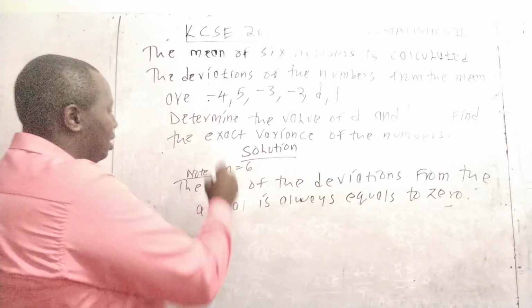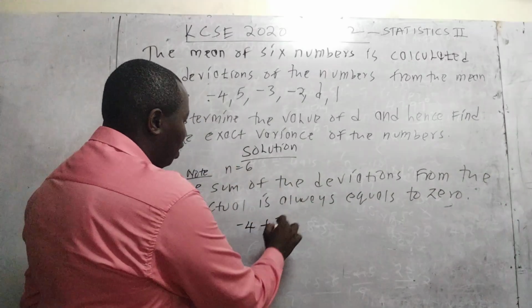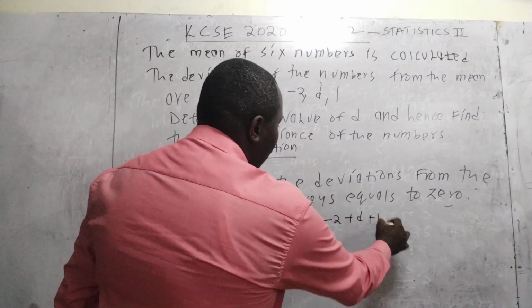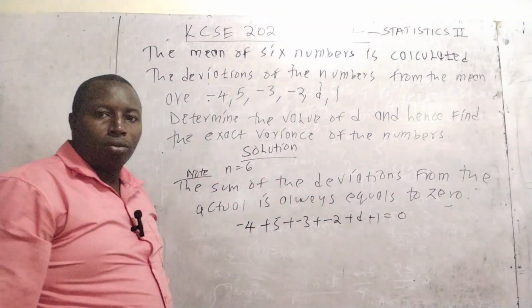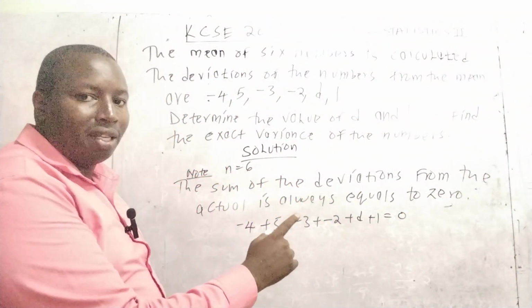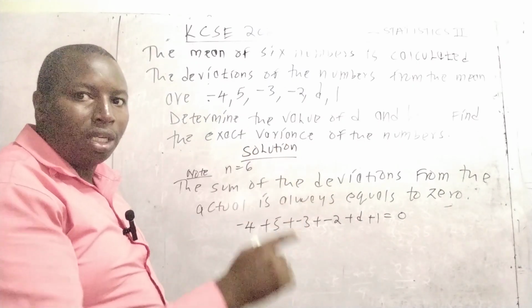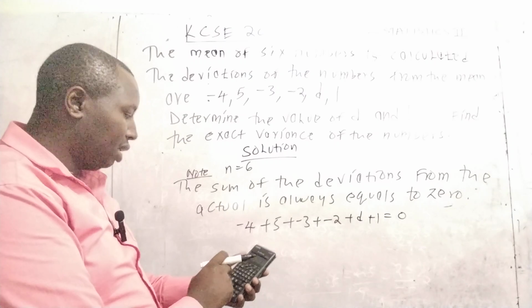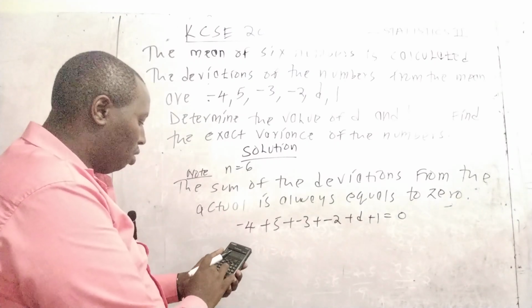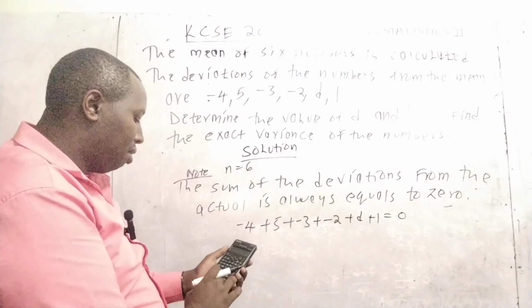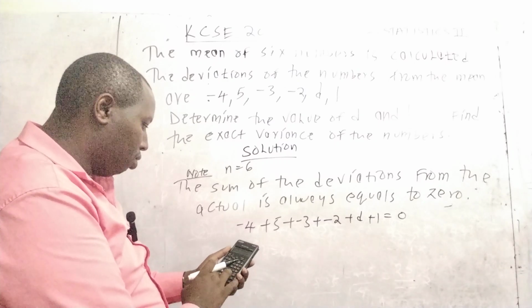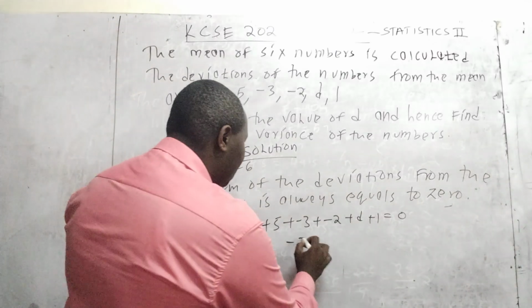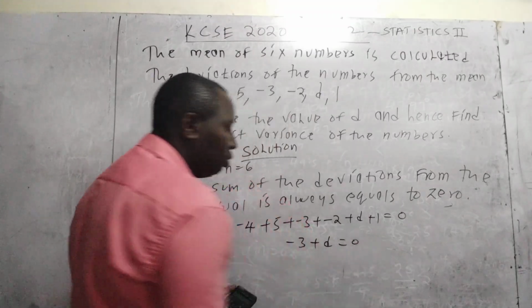So you take -4 plus 5 plus -3 plus -2 plus D plus 1 is equal to 0. If you take the -4 plus 5, -3, -2, plus 1, that comes to -3 plus D is equal to 0.